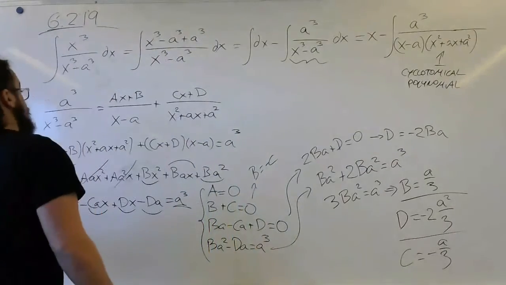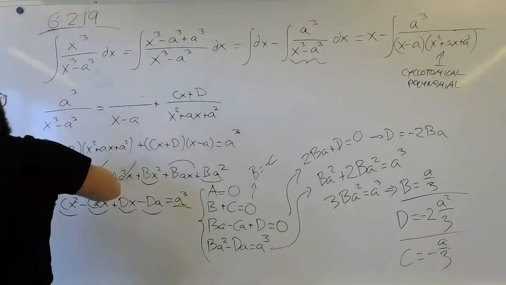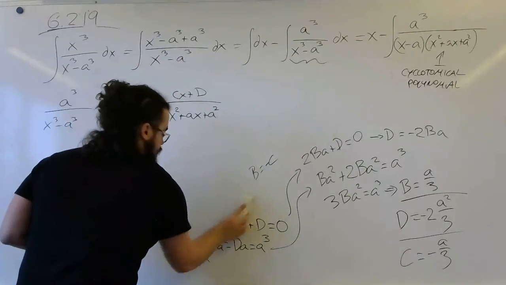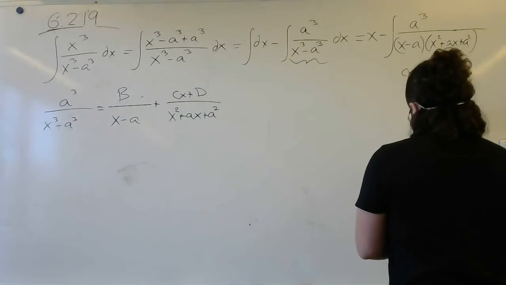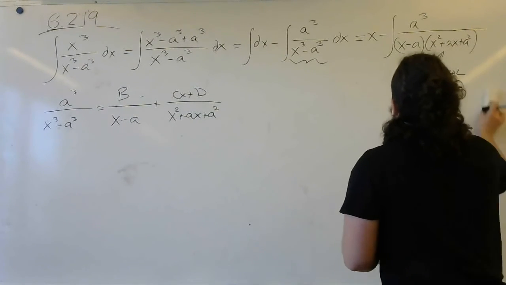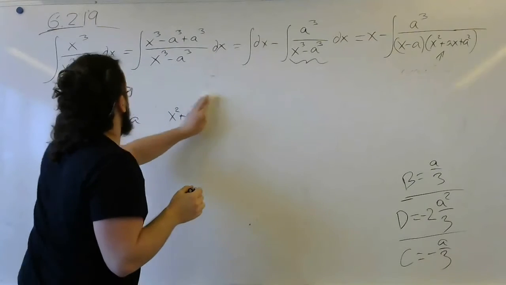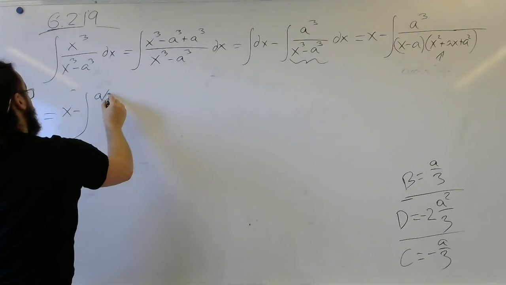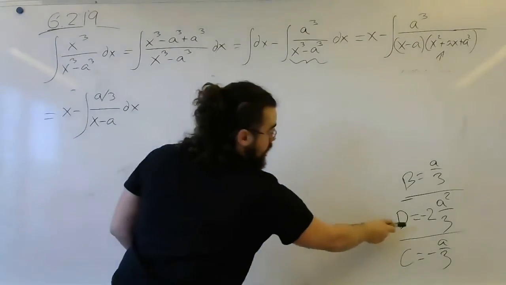So let's plug this thing into our integral. So from our decomposition in simple fractions, this integral is x minus the integral of a thirds over x minus a, minus minus.